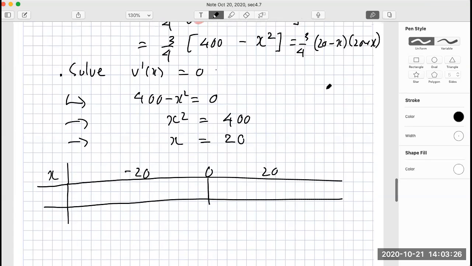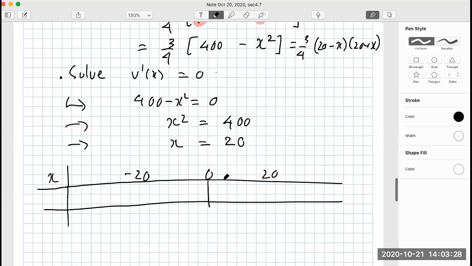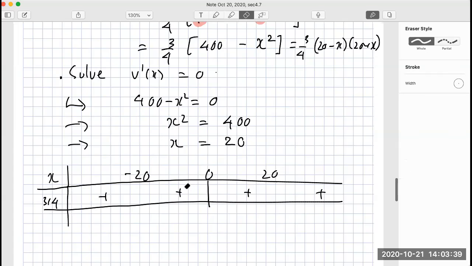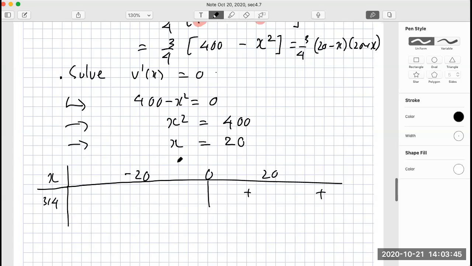This is our domain from 0. And the number 3/4 is always positive. We don't have to care about negative 20, so let us erase this area.